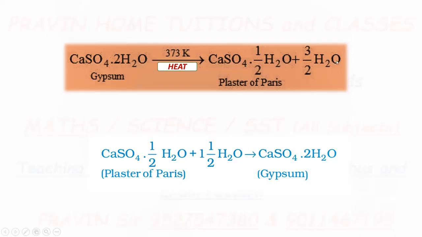When plaster of Paris reacts with water, it forms calcium sulfate 2H2O, that is gypsum. This is the crystal form, and this water is water of crystallization. That is the formula for gypsum.